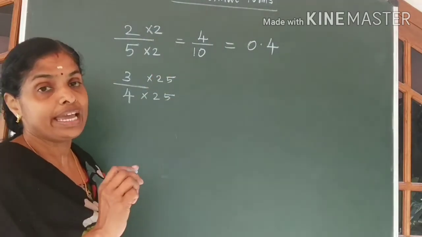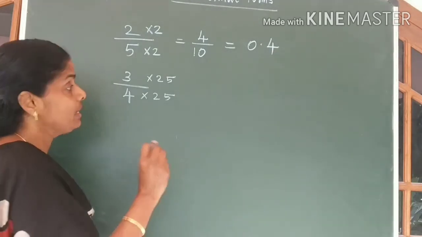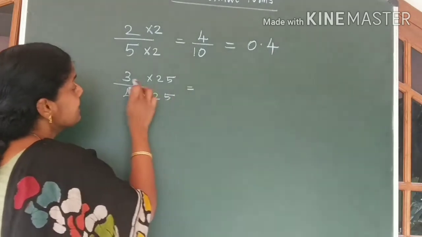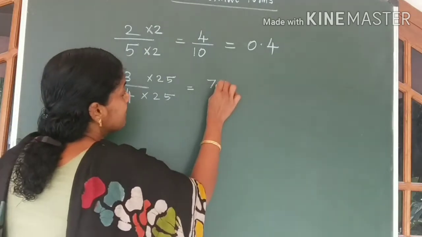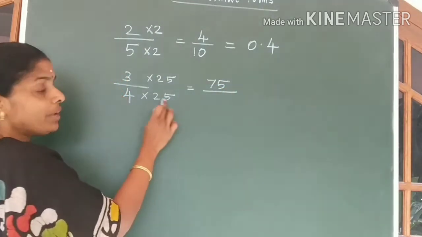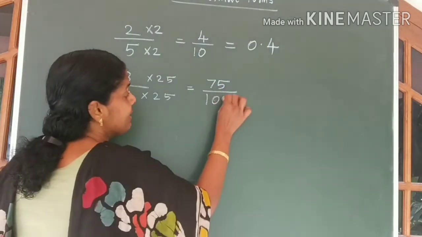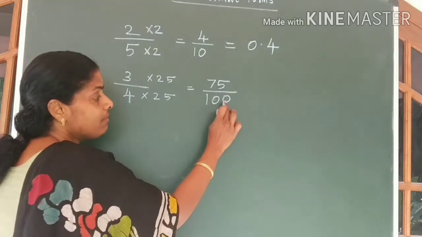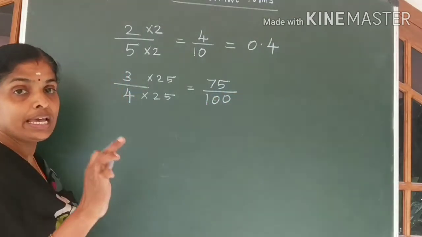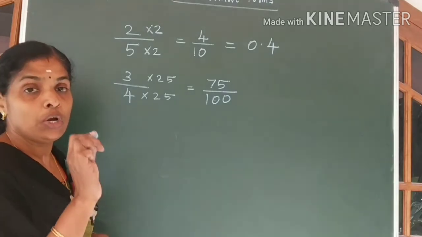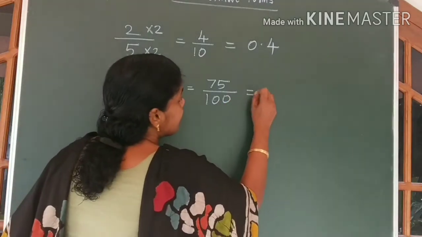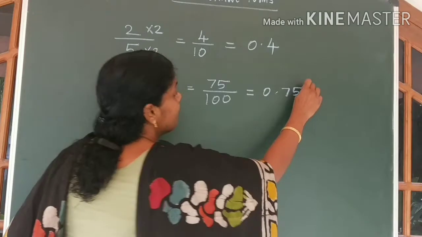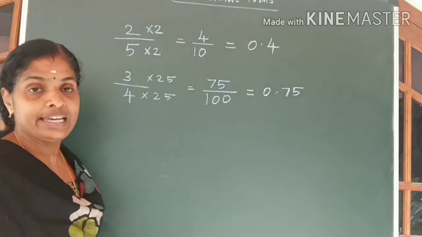Only then you will get an equivalent fraction. So we can write this as 3 into 25, 75, 4 into 25, 100. Since 75 is divided by 2 zeros, keep the decimal point before 2 digits. So you will get 0.75. Is the idea clear, children?